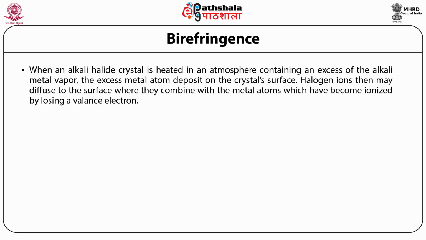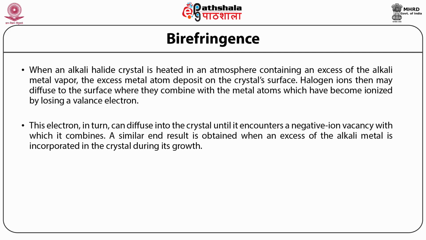When an alkali halide crystal is heated in an atmosphere containing an excess of the alkali metal vapor, the excess metal atoms deposit on the crystal surface. Halogen ions then may diffuse to the surface, where they combine with the metal atoms which have become ionized by losing a valence electron.